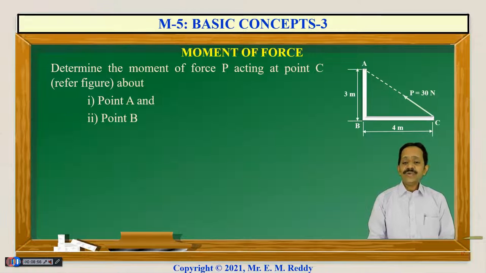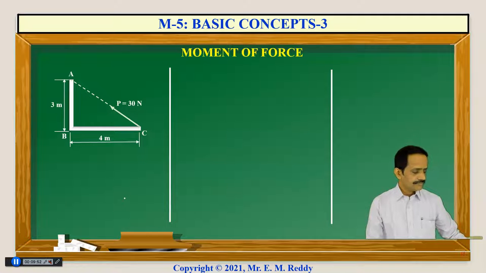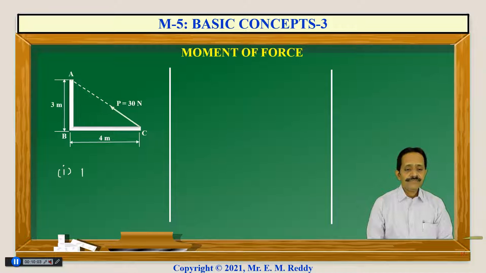Now let us consider one numerical example. Determine the moment of force P acting at point C shown in figure about point A and point B. Now here we have to calculate the moment of force P about point A and about point B. Now say the direction of this force with respect to horizontal is alpha.